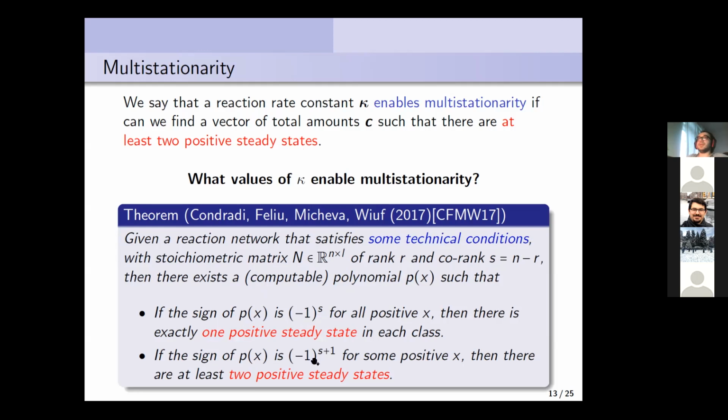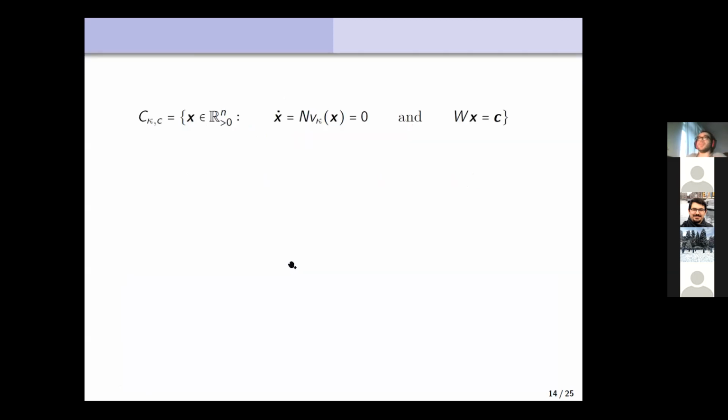And if the sign of p(x) is (-1)^(s+1) for some positive x, it doesn't have to be for all, then there are at least two positive steady states in some compatibility class that we don't necessarily need to know. So how do we get this polynomial?